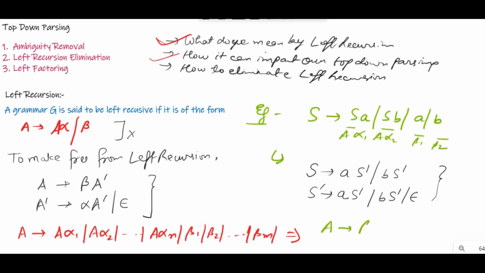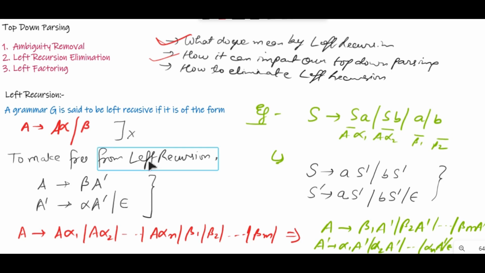A will derive beta 1 A dash, beta 2 A dash up to beta m A dash. Similarly, A dash will have alpha 1 A dash, alpha 2 A dash up to alpha n A dash and none. Okay, I hope this example is clear to all of you.